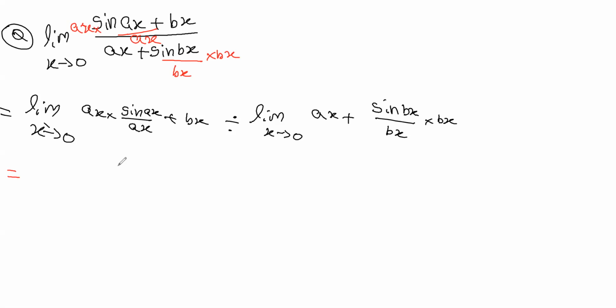Now just go on using the properties of limits. If it is multiplication, you can give the limit to all the multiples. If it is addition, you have to give it to the addition itself.